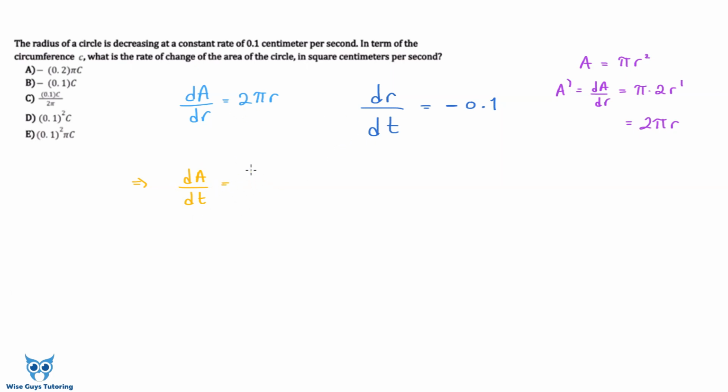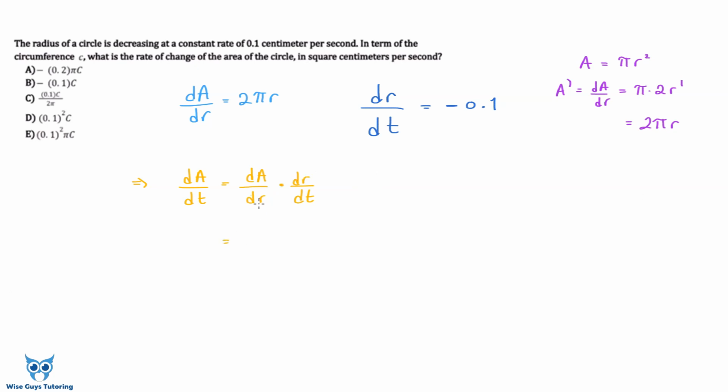I'm going to say dA over dr times dr over dt. And hopefully by now you've seen enough algebra to know that when I multiply by something and divide by it, those two just cancel out, and I'm left with dA dt. So this is what we're going to do: multiply dA dr times dr over dt.